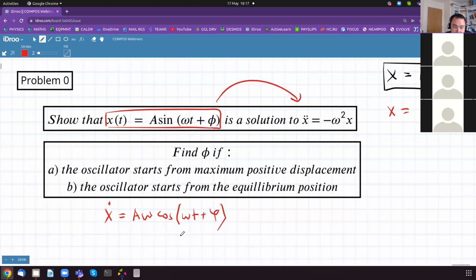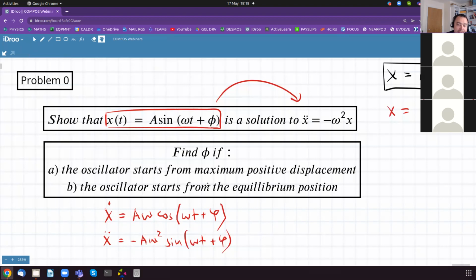Phi is a constant. Okay. And the second derivative: omega is the constant, so it's minus a omega squared sine(omega t plus phi).